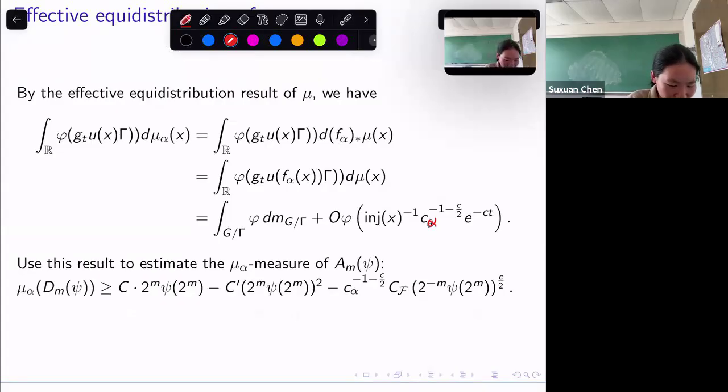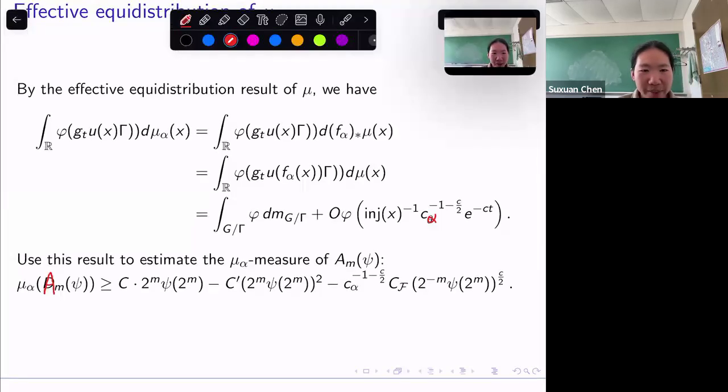Sorry, another typo here, because I used a previous slide and forgot to change some things. And mu_alpha of A_M psi is bounded below by C times 2^m psi(2^m), minus the error term C' times 2^m psi(2^m) squared, and minus C_alpha to the power -1 minus s over 2 times a constant depending on the iterated function system F, and the same error term as before.